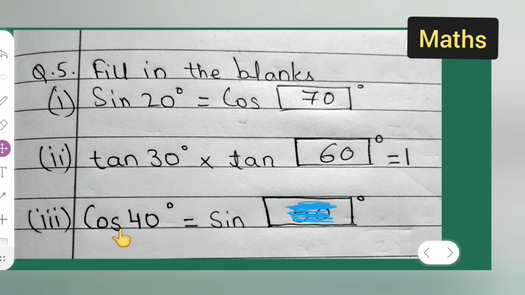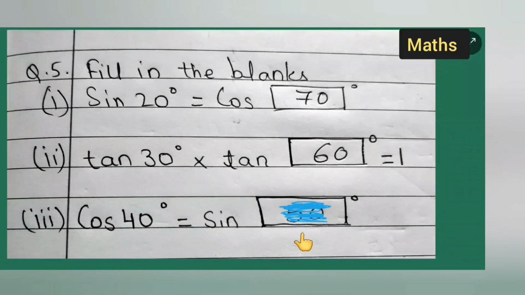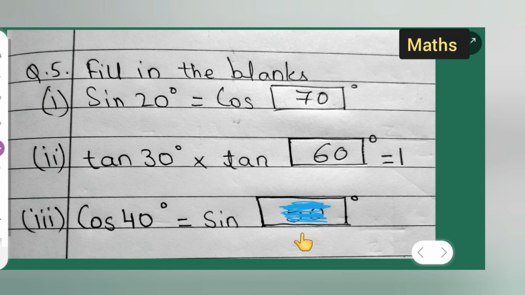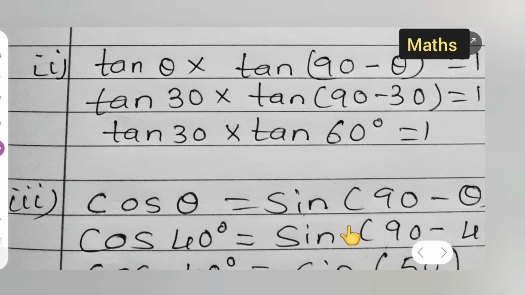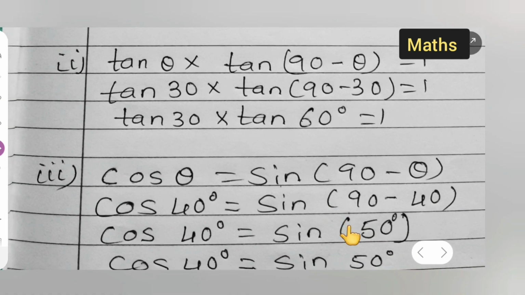Last is cos of 40 degree is equal to sine of dash. We need to find out the last one, and for that we use the formula: cos theta is equal to sine of 90 minus theta.